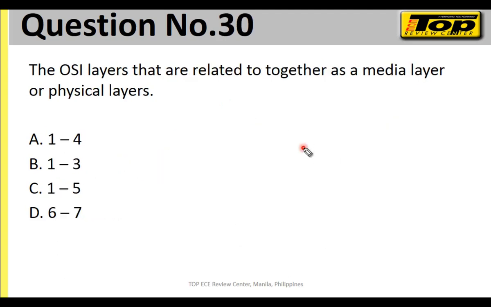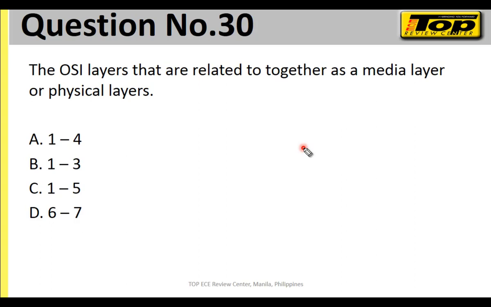Next number 30. The OSI layers that are related together as a media layer or physical layers. Alam natin ang OSI as 7 layers. We have the physical, the data link, the network, the transport, the session, the presentation, and the application.